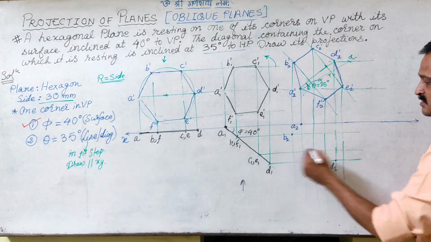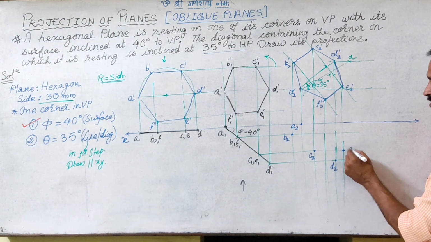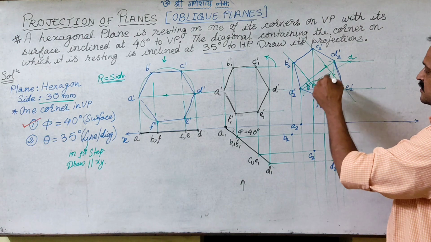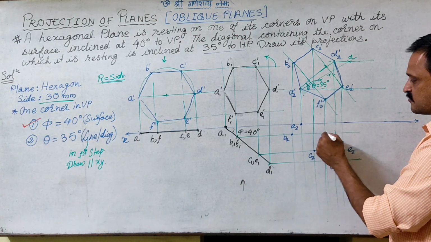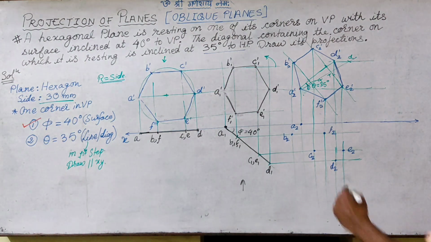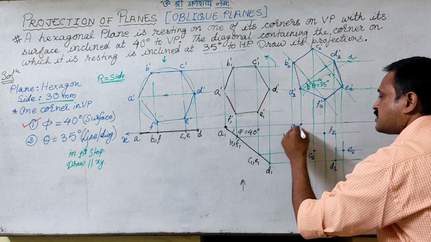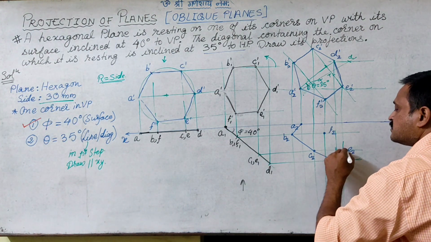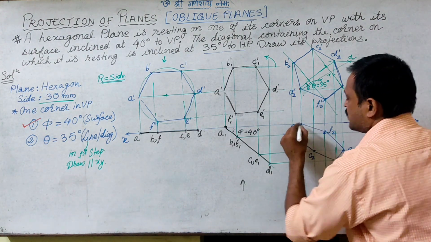Projector of E, locus of E, I get E2. Projector of F, locus of F, we get F2. So now we join A, B, C, D, E, F and A.